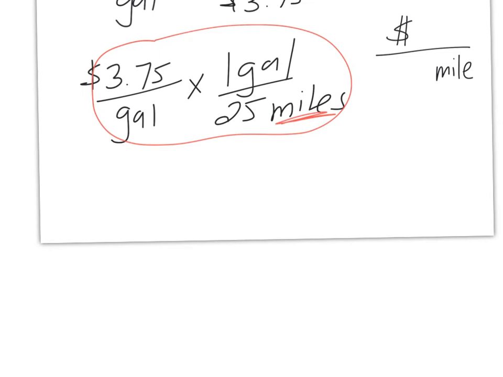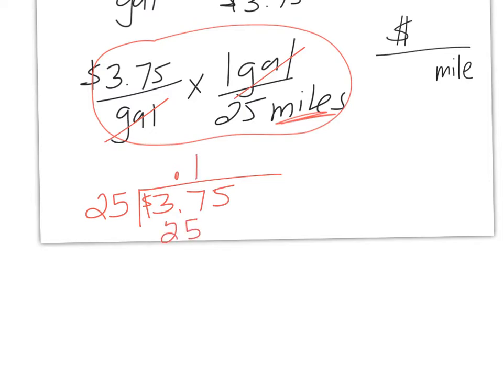So we want 375 divided by 25. So 25 goes into $3.75. All right, so our gallons cancel. We're going to end up with dollars. So my decimal's up here. So 25 goes in once. I'm going to subtract. Bring my 5 down here.